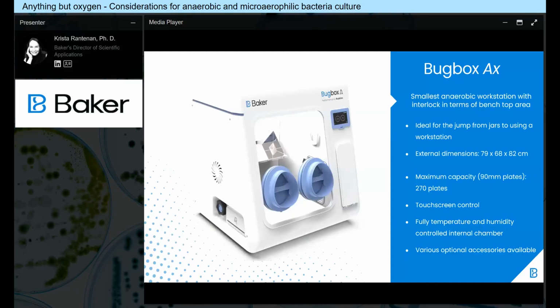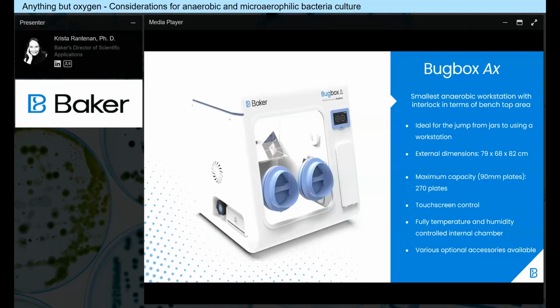This is currently the smallest workstation with a side interlock available in the market. It is really designed to be the ideal jump from using the anaerobic jars to start using a workstation, without taking too much bench space and being a budget-friendly option for smaller sample volumes. It has a very compact footprint, but it can fit a lot of samples.